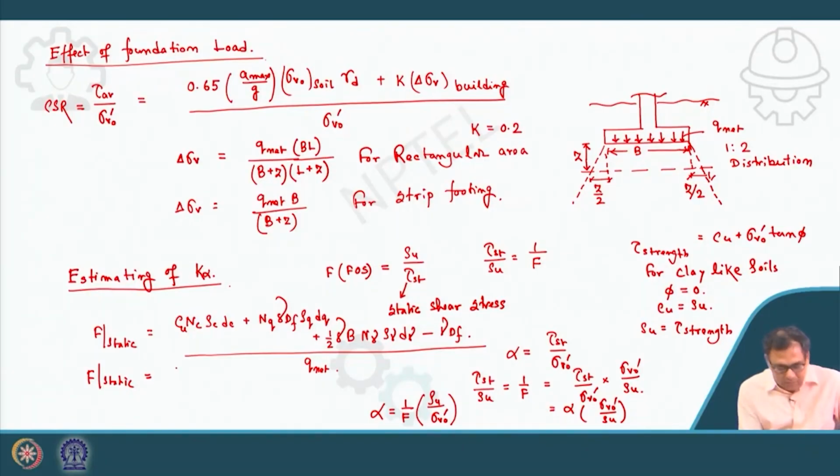Only if phi equal to 0, it will be simply 5.14 or Nc, if I take 5.14 say, and Su or Cu, and I am taking only Sc, Dc value is 1. So that means you can consider these as the shape factor, depth factor, inclination factor, you know there are other factors.